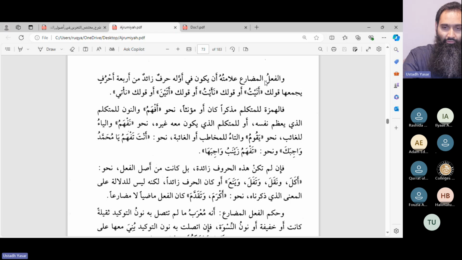So that's a bit of information about fi'l al-mudari, and it's the sign of a fi'l al-mudari. Yes, these four huruf have to be za'ida, and they have to carry a certain meaning that we have mentioned. The hamza has a certain meaning, noon has a certain meaning, the ya has a certain meaning, and the ta has a certain meaning.